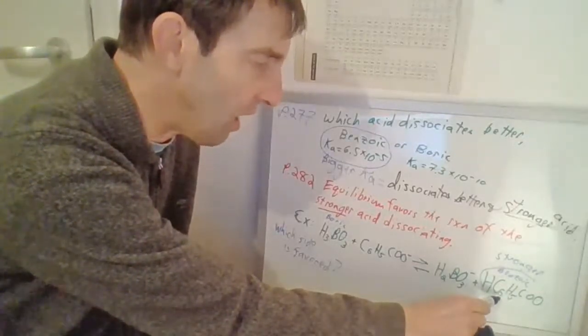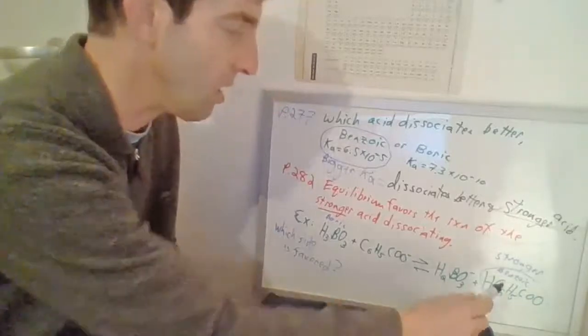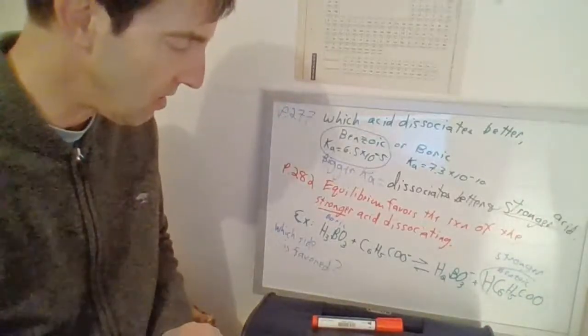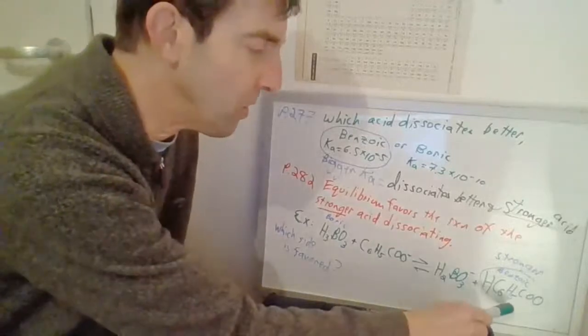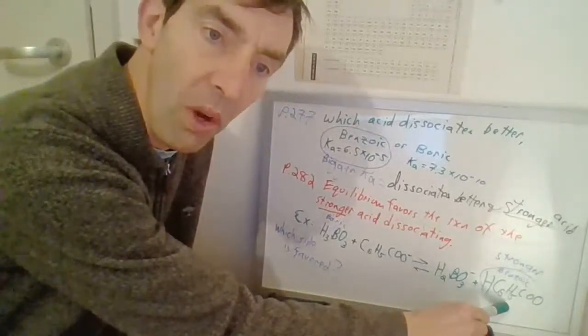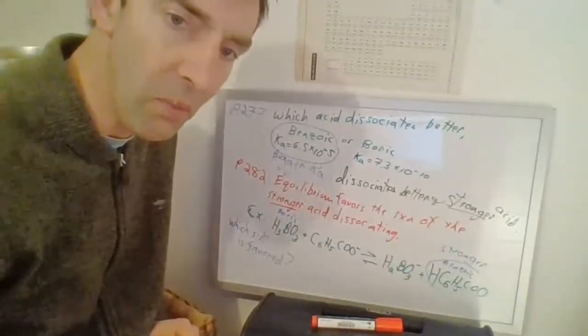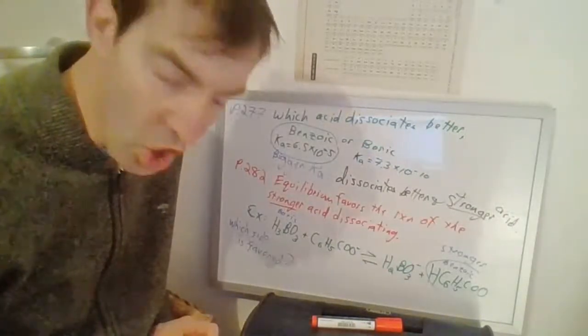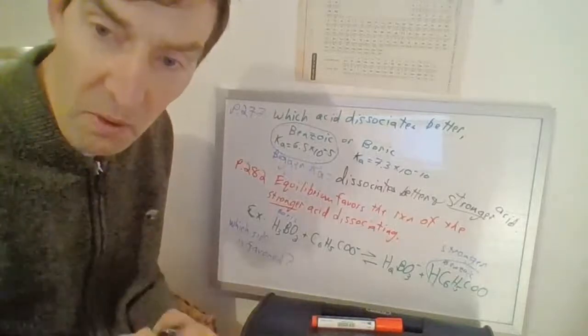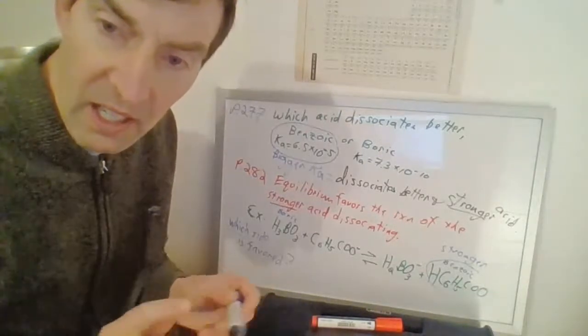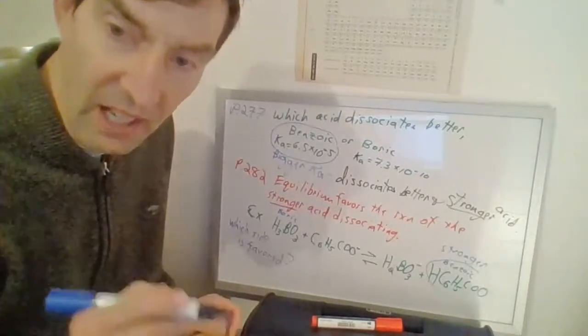So there's the stronger acid right there. I want to make this one dissociate, my stronger one. Good. Thank you all. Lola's got it. Alicia and Sophie, exactly.